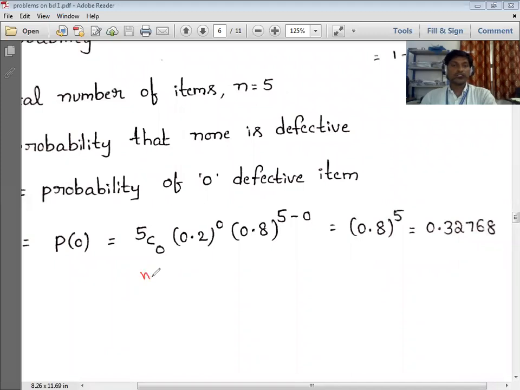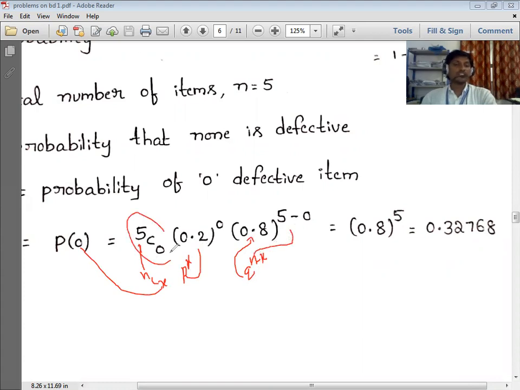This is nothing but nCx p^x q^(n minus x). Here n is nothing but 5, which they already gave in the problem, and x represents 0, and p we already calculated as 0.2, and q we calculated as 0.8, and n minus x is nothing but 5 minus 0.